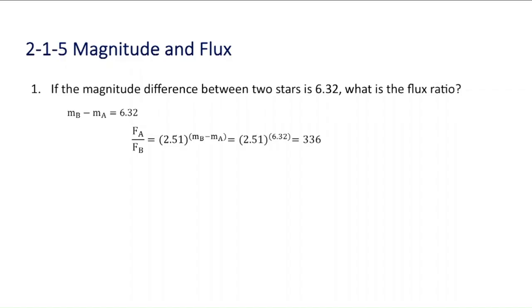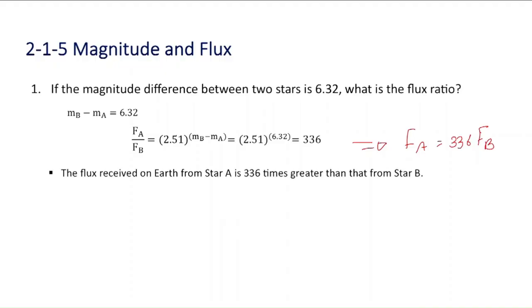So you will get the answer 336. So that means the flux received on Earth from star A is 336 times greater than that from star B.